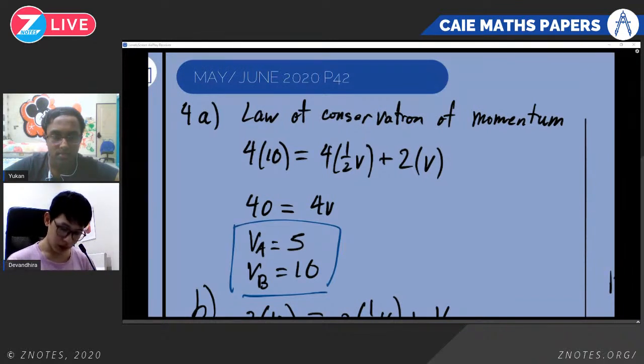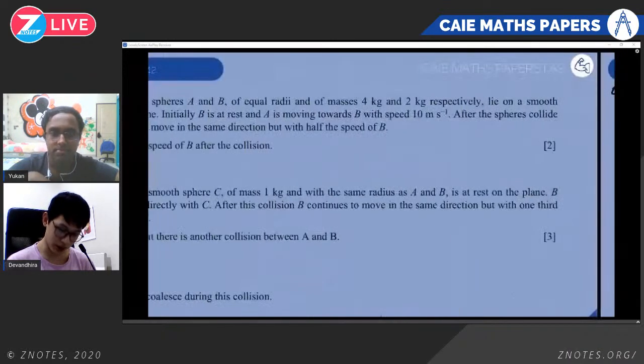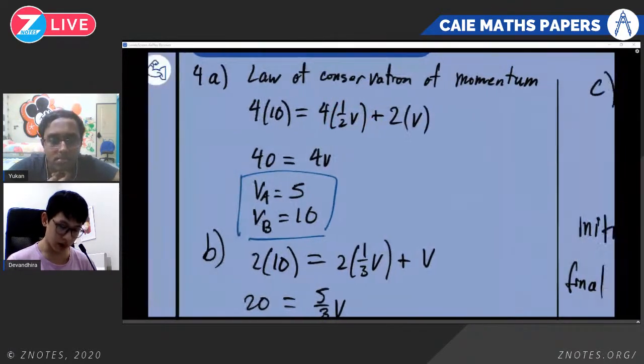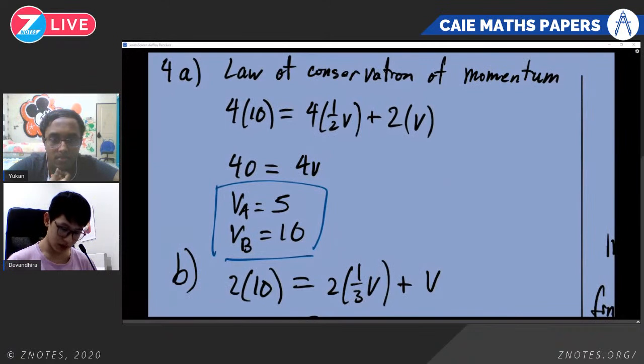A has half the speed of B. Right here, this is the mass of A, and it has half the speed of B, as the question says. That's why I put the half here. So we can just solve this. This is just 40.